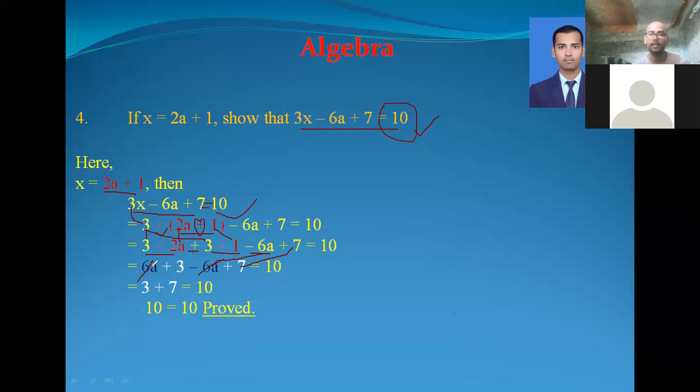That's why 6a and 6a cancel, and we have 3 plus 7, and 3 plus 7 is equal to 10. So 10 is equal to 10, proved. I hope in this way you can prove such types of questions which are given in your exercise book.